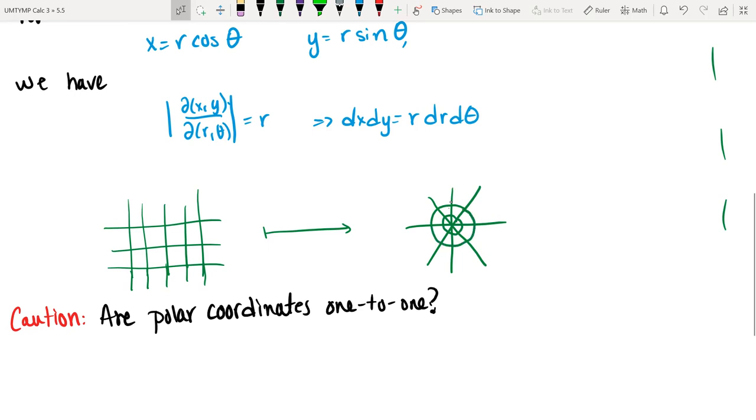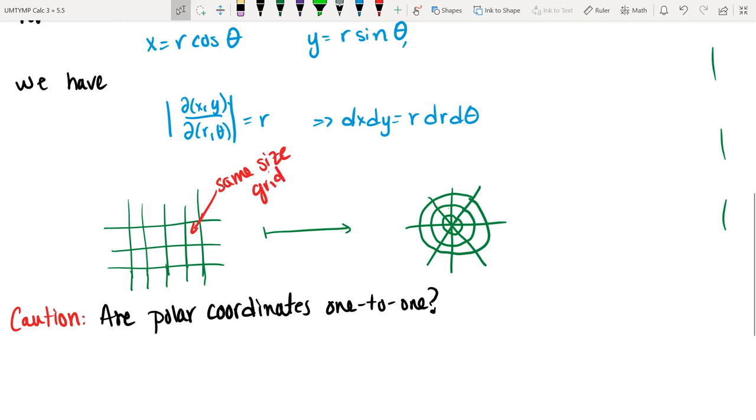Here we go. That's pretty decent. So when we look at a Cartesian system, and I'll do a different color, these are all the same size. Same size grids.